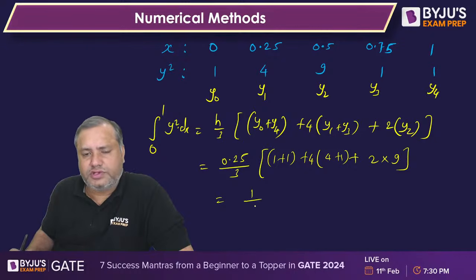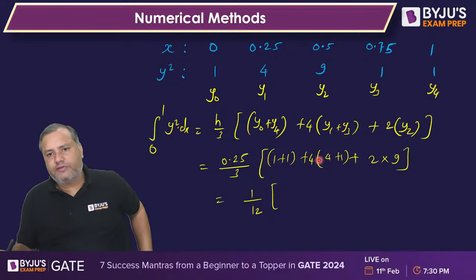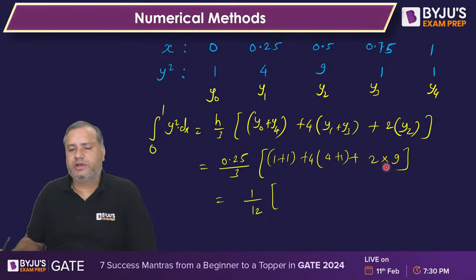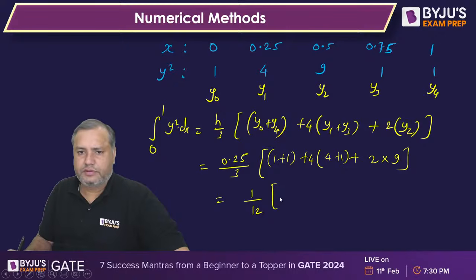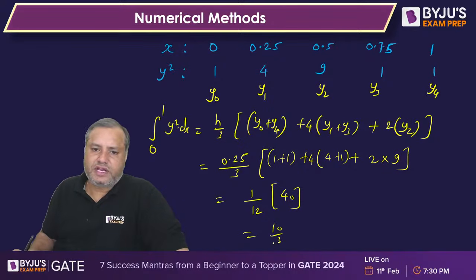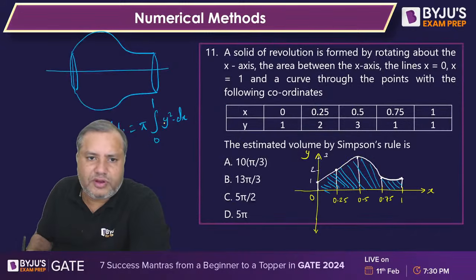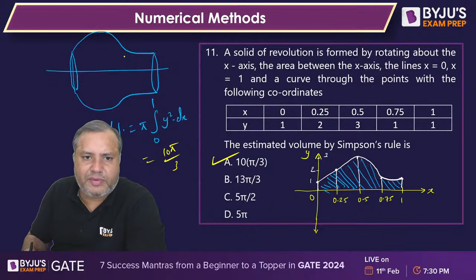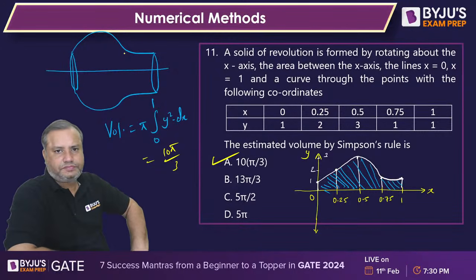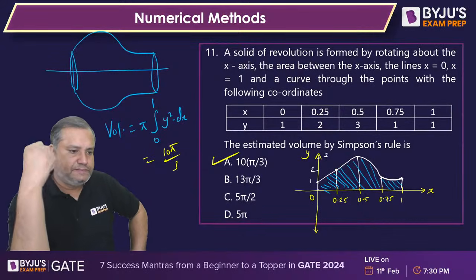So 1 by 4 times 1 by 3 times 2, 5 fours are 20 and 18. 20 plus 20 will be 40 by 12, that is 10 by 3. This is the value of this integration, 10 by 3. So volume will be 10 pi by 3 cubic units.